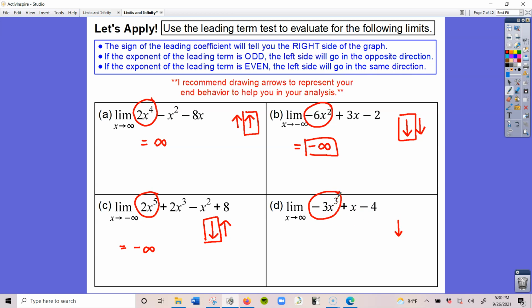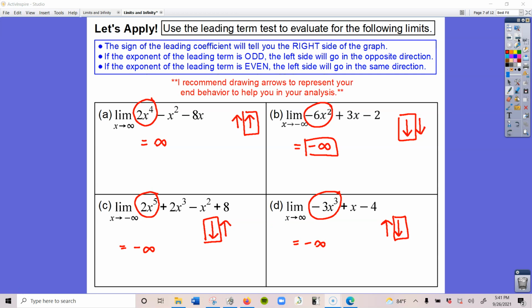And since the exponent is odd, the left side is going to go in the opposite direction, so up. Now, when I look at what the limit is approaching, it says approaching positive infinity. We're talking about the right arrow. And since my right arrow is pointing down, this limit is equal to negative infinity.